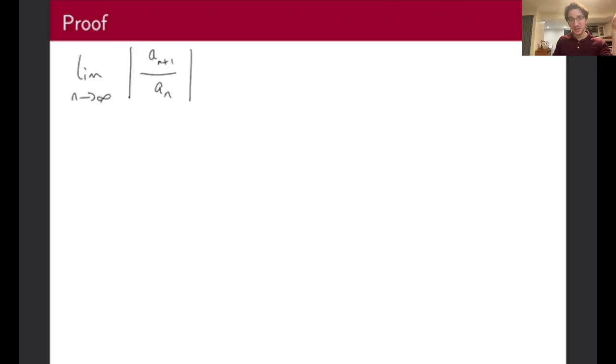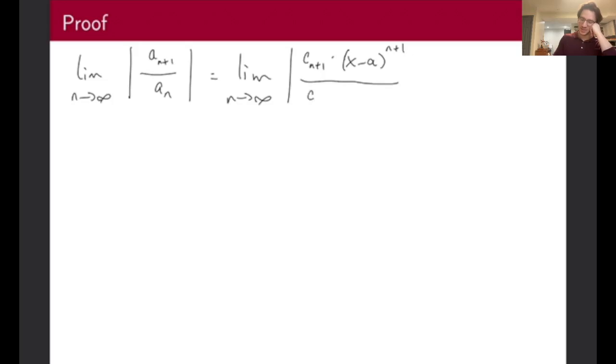The n plus first term looks like c_{n+1} times (x minus a) to the n plus 1, in absolute value. And the nth term looks like c_n times (x minus a) to the n. And we are guaranteed that the power series will converge if this is strictly less than 1.